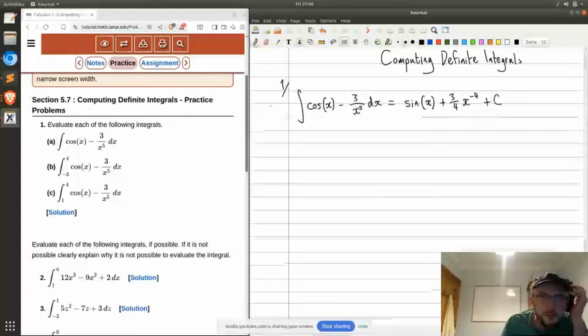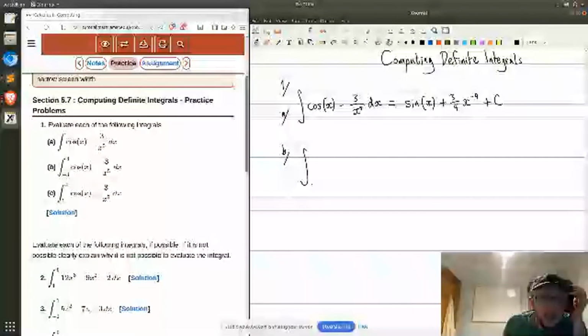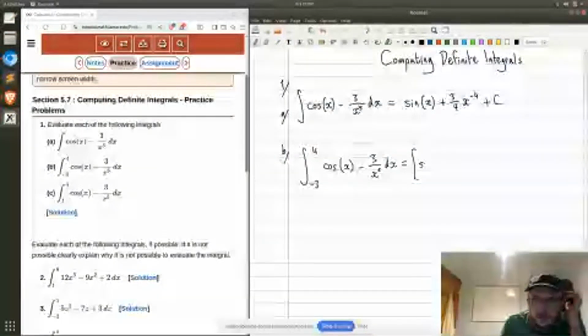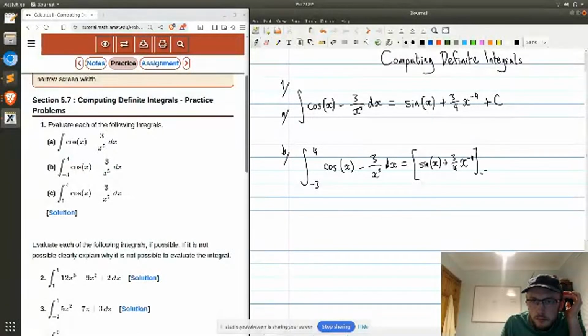That's part A, actually. B. Evaluate the integral from -3 to 4 of cosine of x minus over x to the 5 dx. By the fundamental theorem of calculus, part 2, we do this. And then we compute.